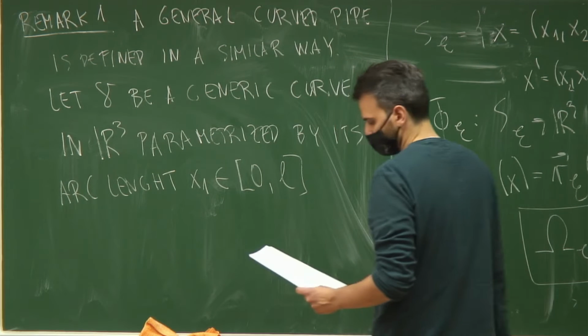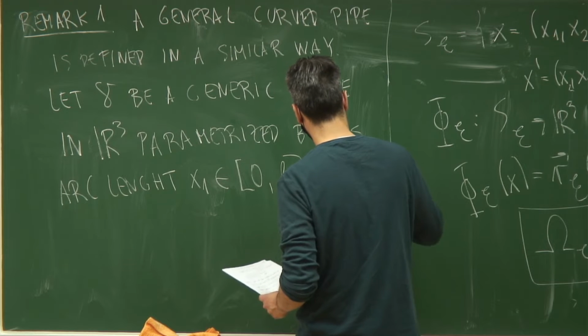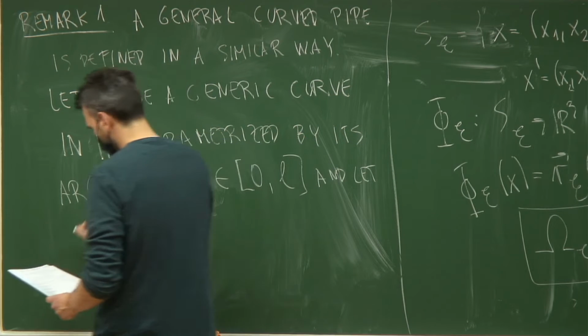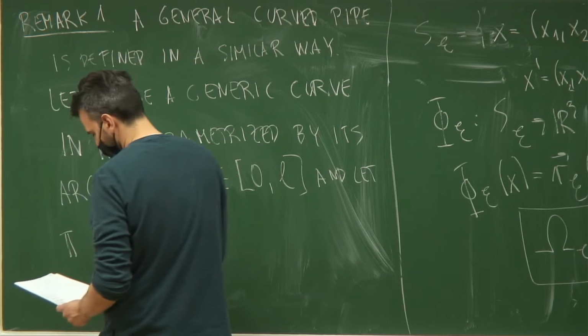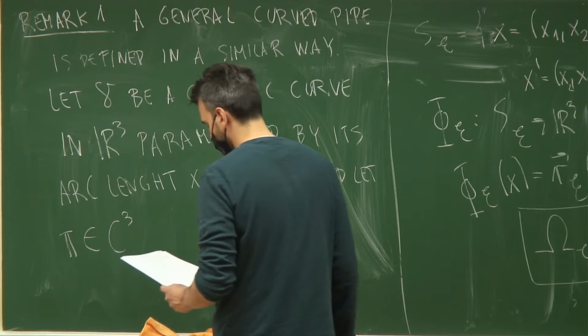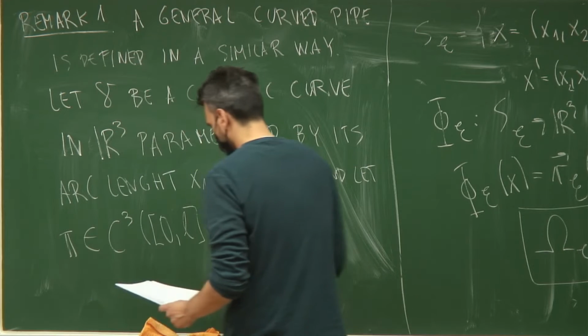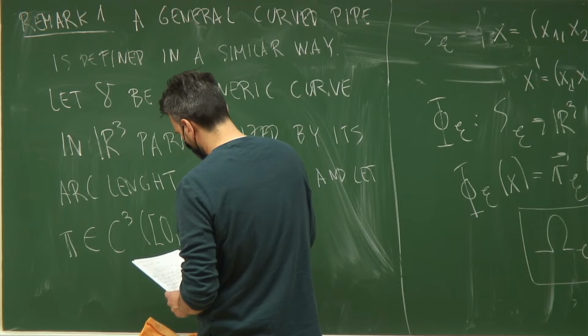Of course, x1 from 0 to L, and let's denote by pi, this is more or less classical, which needs to be of class C3 for different reasons, not to go into technicalities, from 0 to L to R3.